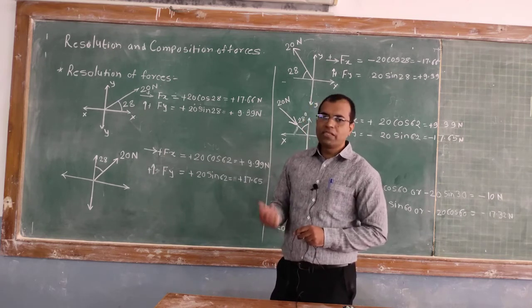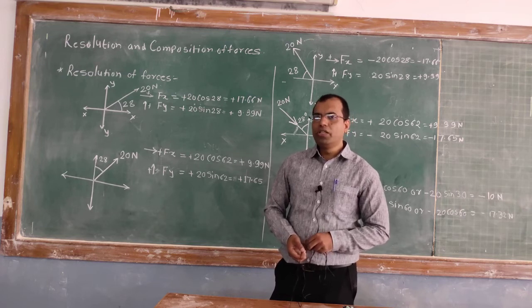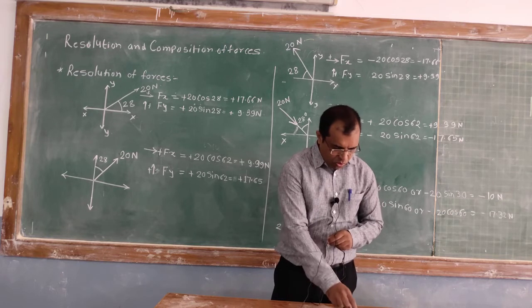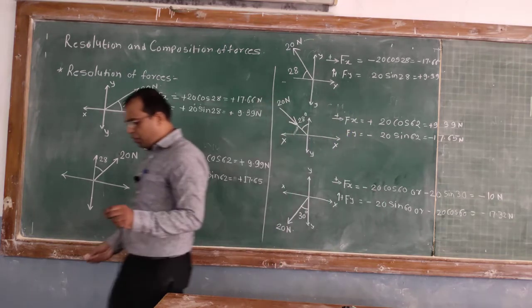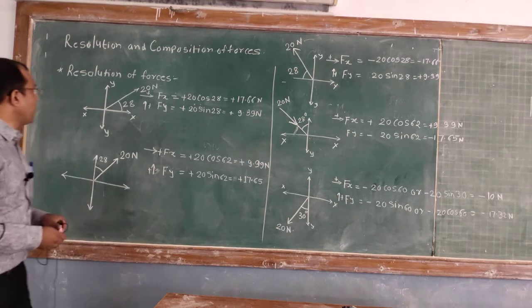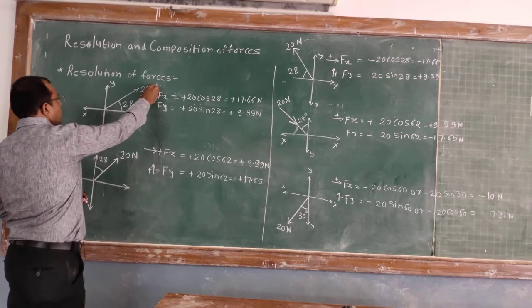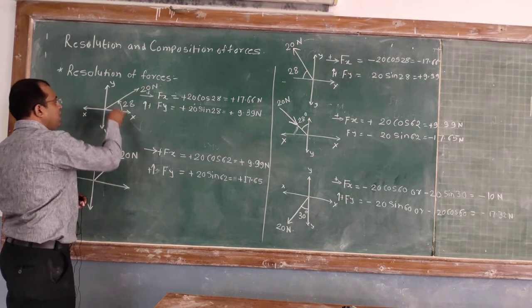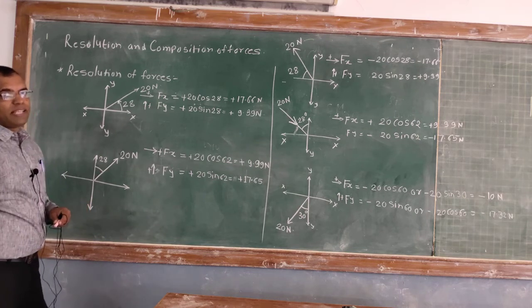First we will solve some numericals based on the resolution of forces. Very simple numericals, please concentrate on the board. Here a force of 20 Newton makes an angle of 28 degrees in the counterclockwise direction with respect to the x-axis.